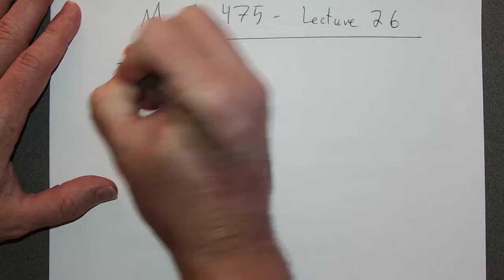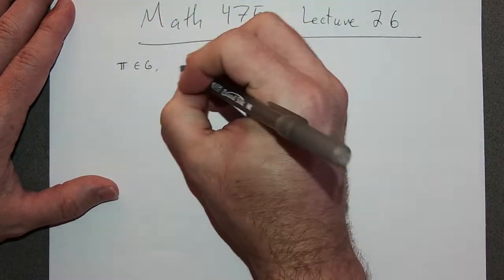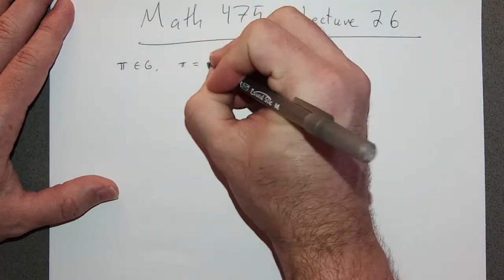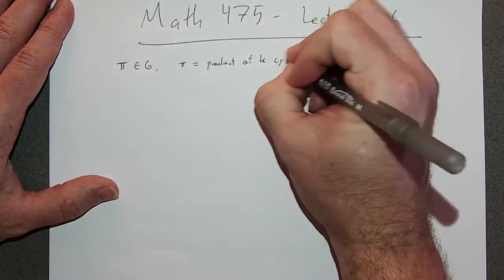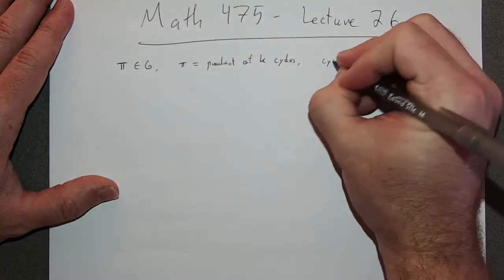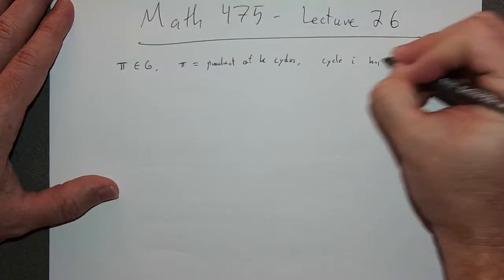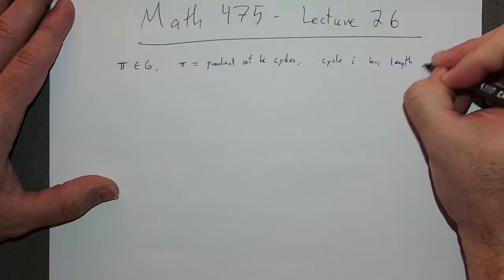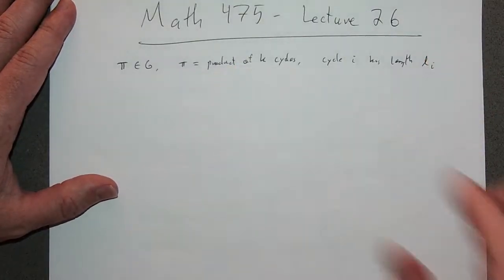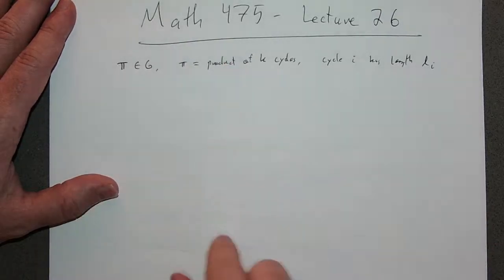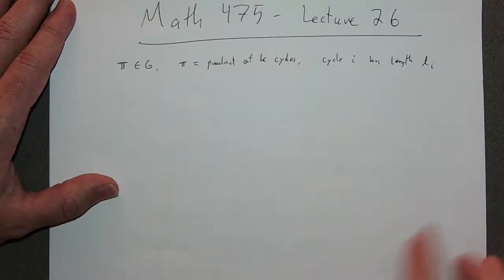So pi is some permutation in G. It's a product of k cycles, and cycle i has length L sub i. Cycle i is the ith cycle showing up. If we think about this as a product of k cycles, we label those cycles 1 to k, and cycle i is just the ith cycle, reading left to right.